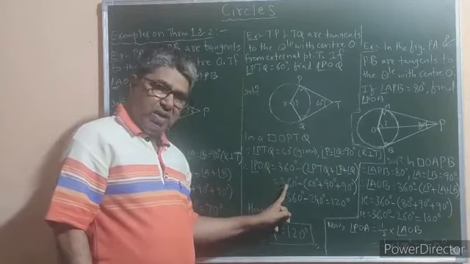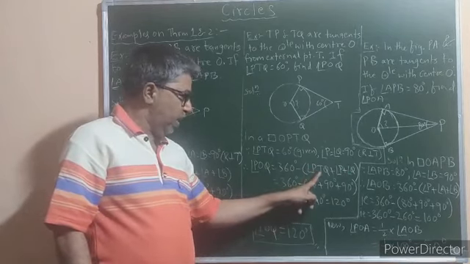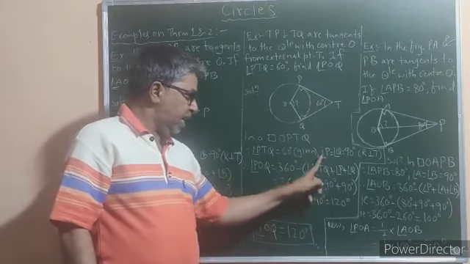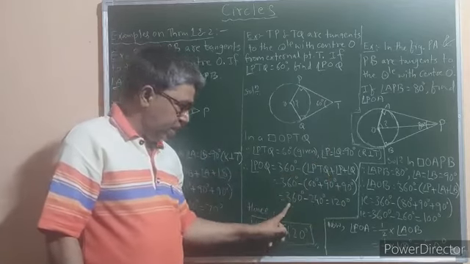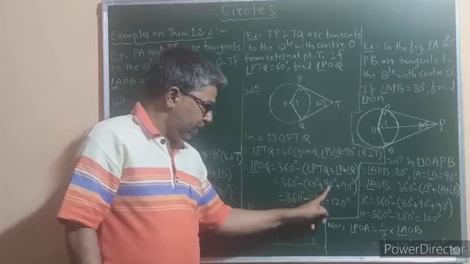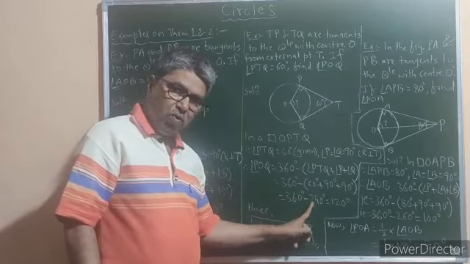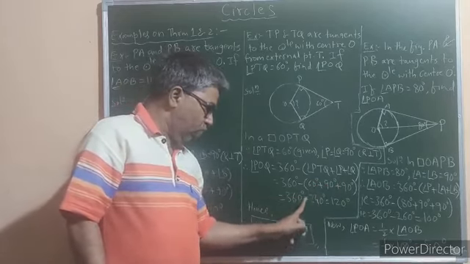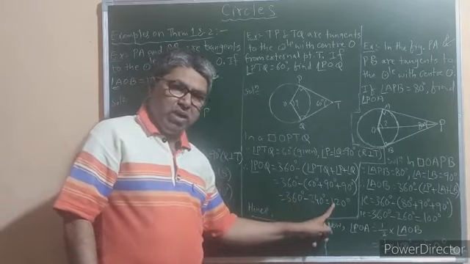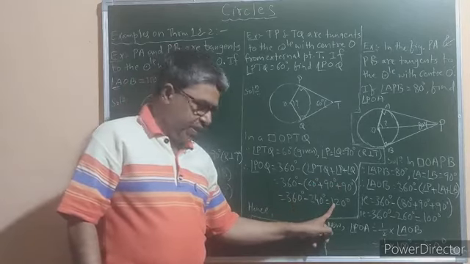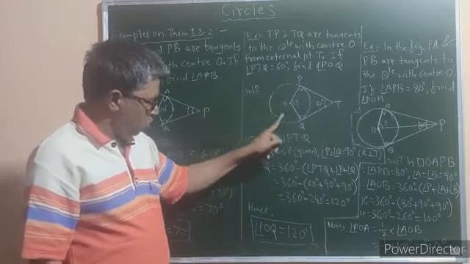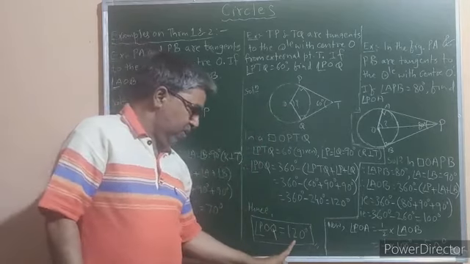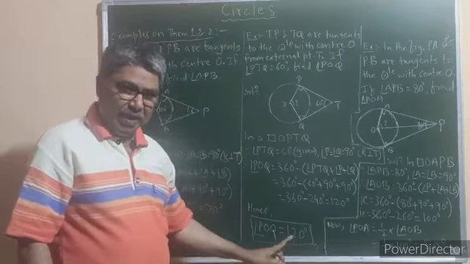This equals 360 degrees minus (the value of PTQ, 60 degrees, and the values of P and Q, 90 plus 90). So 360 degrees minus (60 plus 90 plus 90) will give us 240 degrees. If you subtract 240 from 360, you will get 120 degrees. So hence the measure of angle POQ in this example is 120 degrees.